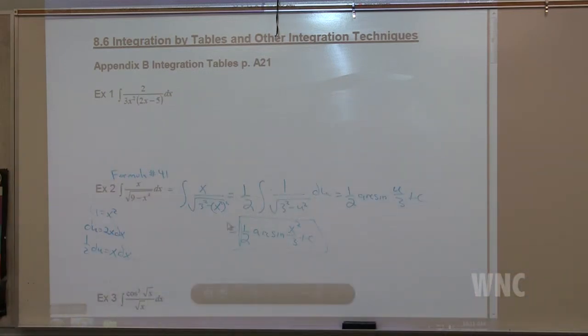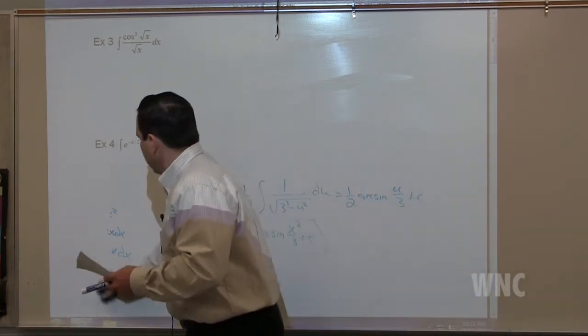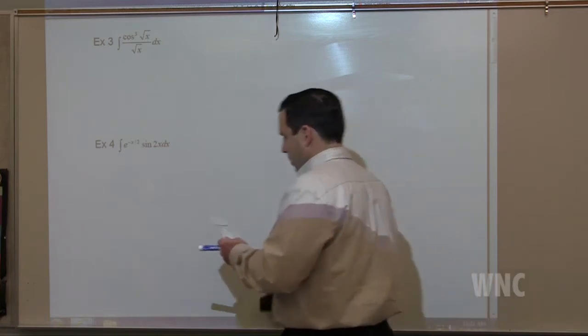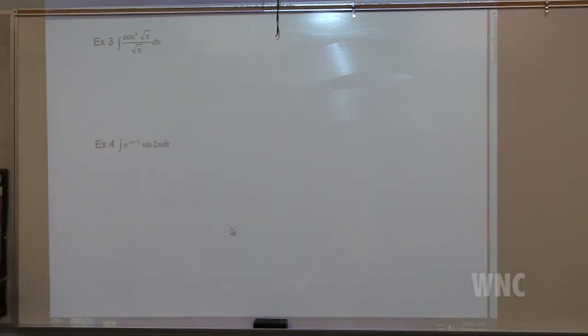Okay, move the next two up. Now for this next one we have the integral of cosine cubed square root of x over square root of x.